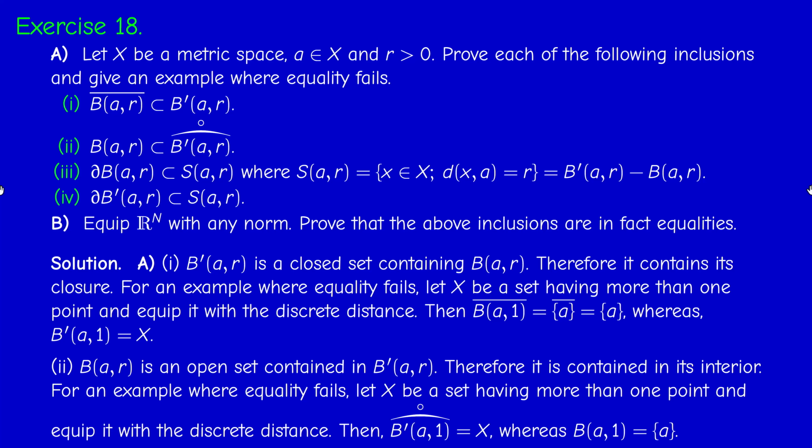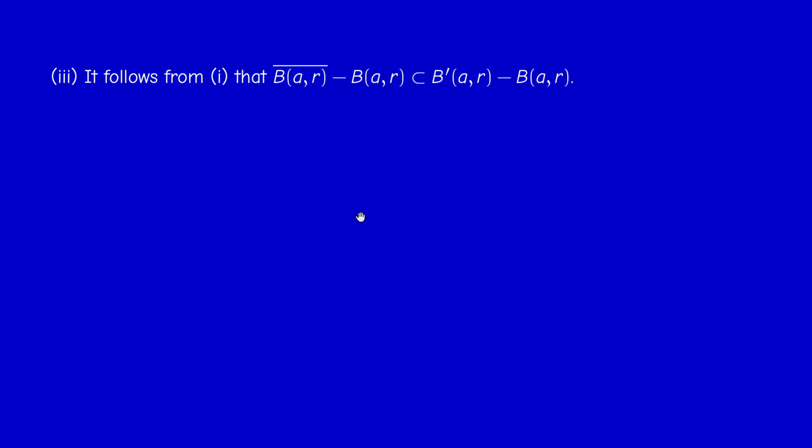Okay, 3, the boundary of the ball is contained in the sphere. This is straightforward as well because according to 1, the closure of the open ball is contained in the corresponding closed ball. So when I remove BAR, I get this inclusion.